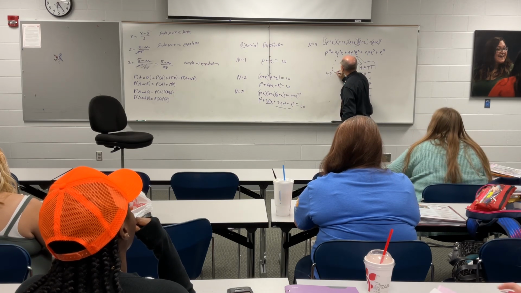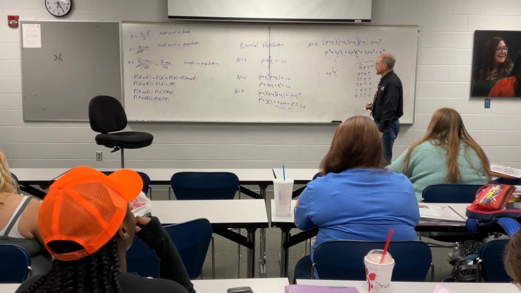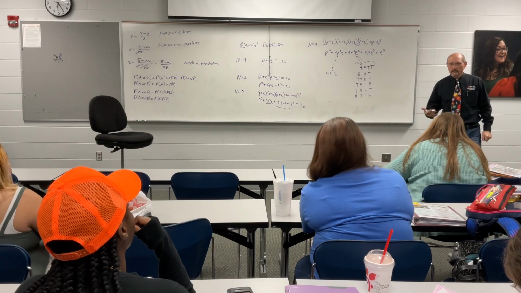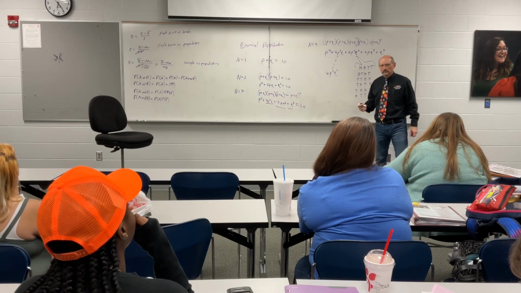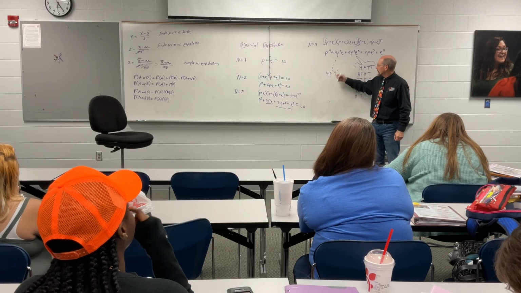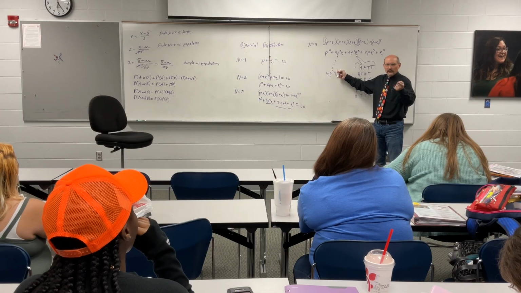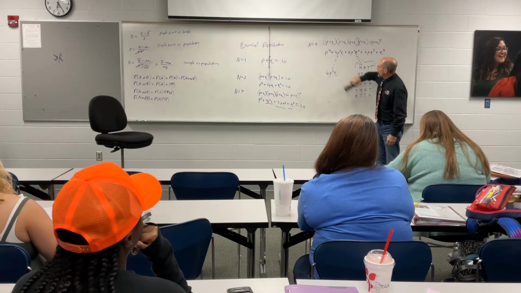4p cubed q. Technically, that is 4p cubed q to the first power. Q to the first power is itself. That's 3 heads, 1 tail. But because any value to the first power is itself, it's typically dropped off.